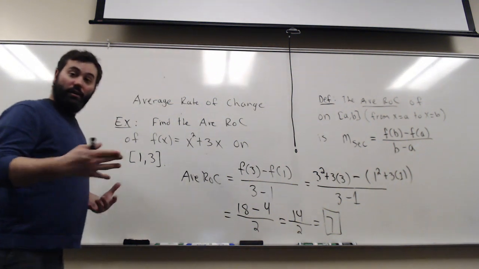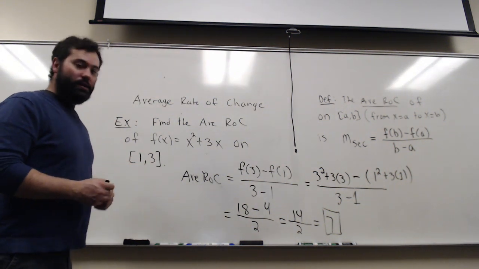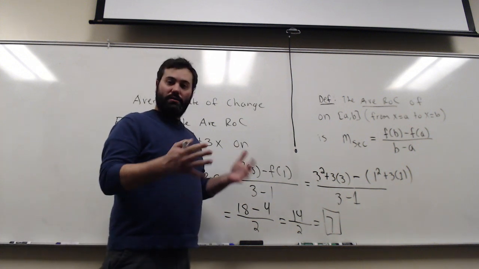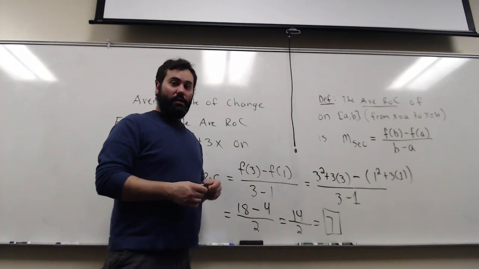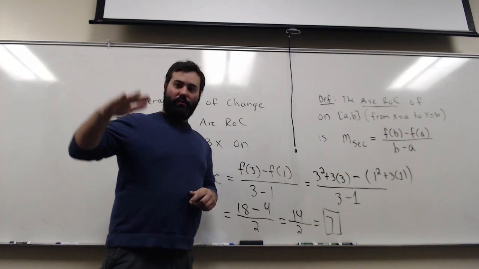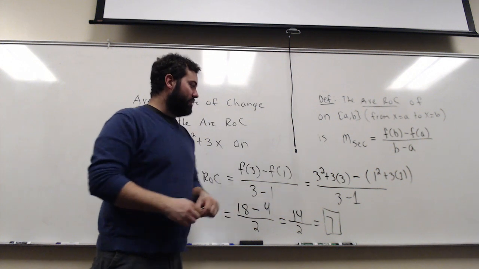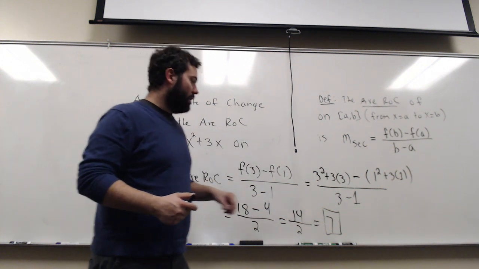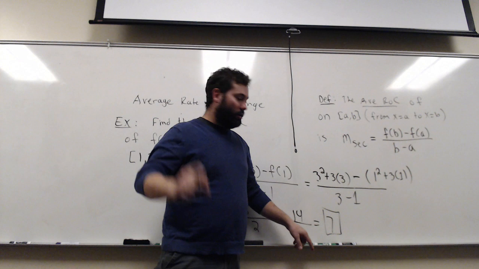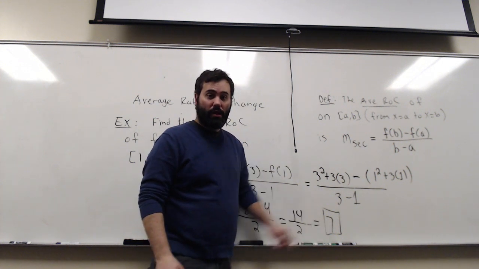If I go from x equals 2 to x equals 3, again, I can expect on average or approximately that the function value is going to increase by 7, or the graph is going to rise by 7 units. So this is basically saying on the interval from 1 to 3, every time I go to the right 1 unit, the graph is going to go up by approximately 7 units.